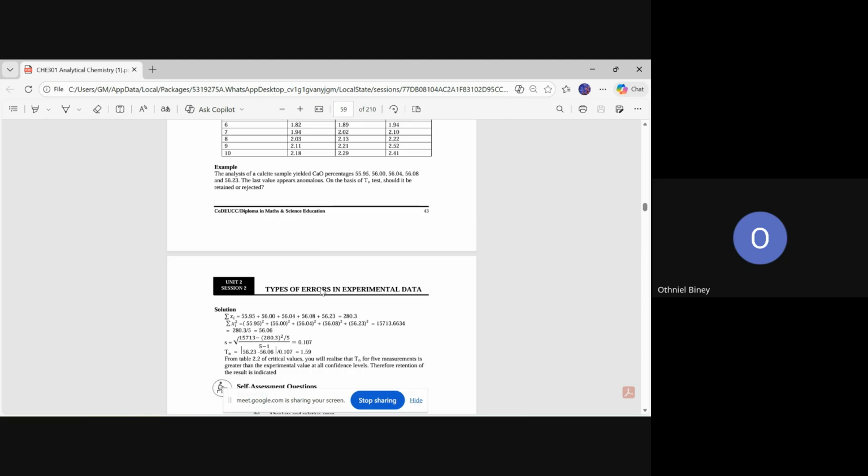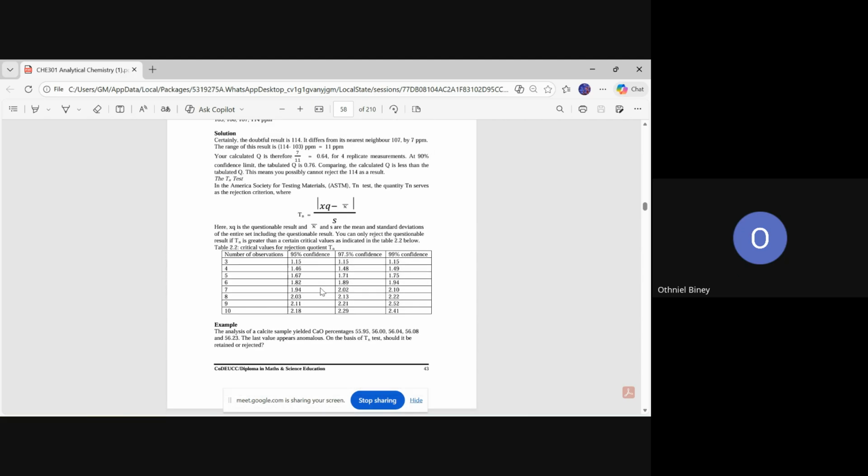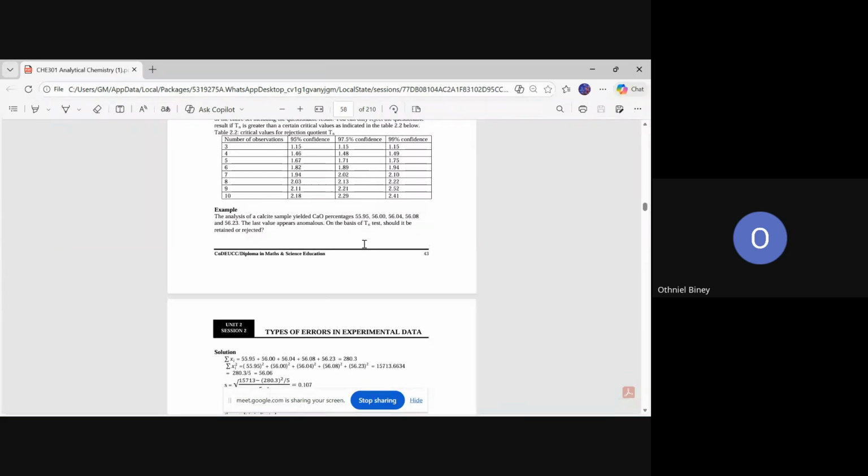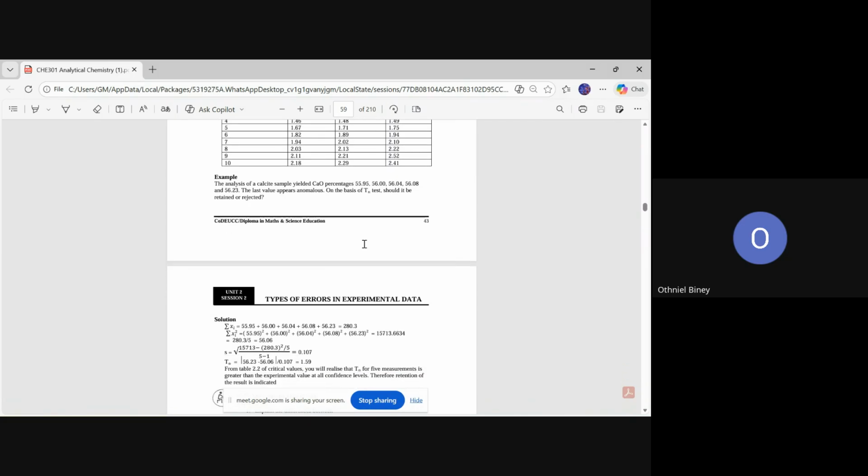Okay, sure. First, you have to know how to calculate standard deviations. I believe we can all calculate standard deviation, right? And we can all find the mean when given a set of values. So that's what we have to do here: calculate the mean and then the standard deviation.